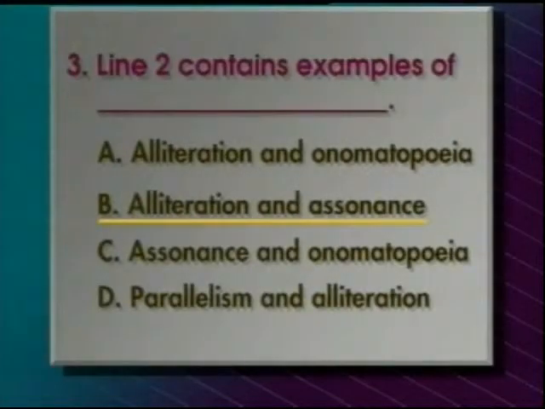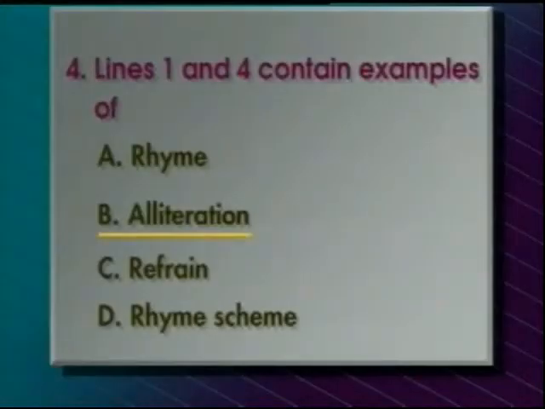Line 2 contains examples of A, alliteration or onomatopoeia, B, alliteration and assonance, C, assonance and onomatopoeia, D, parallelism and alliteration. 4. Lines 1 and 4 contain examples of A, rhyme, B, alliteration, C, refrain, D, rhyme scheme.